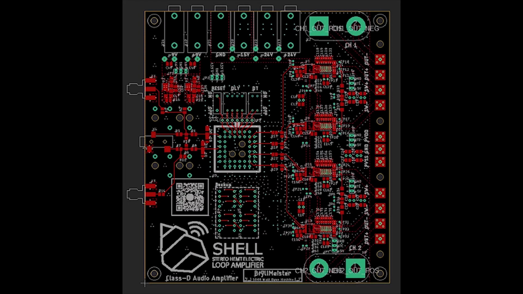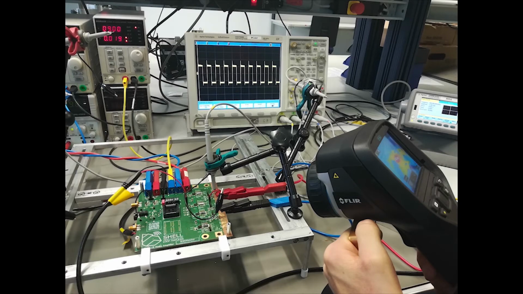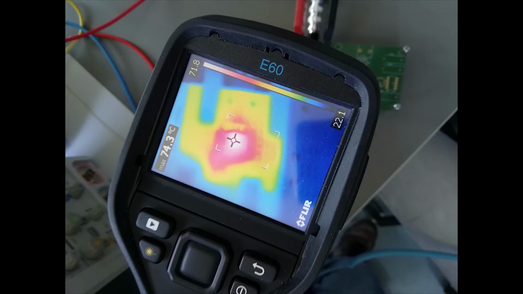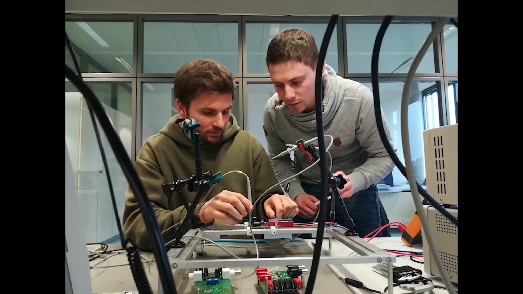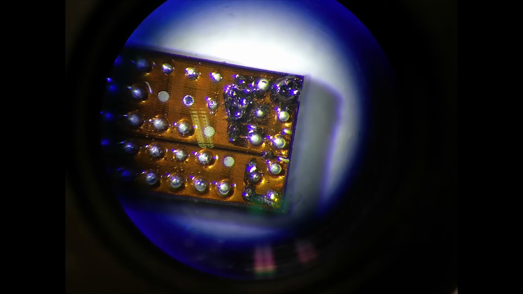In the meantime, we spent time developing, laying out and manufacturing our PCB. Because of the fast switching speed of the amplifier and the constraint to not use any heatsink, the electric circuit design was especially challenging. Developing a functioning board involved a lot of trial and error.